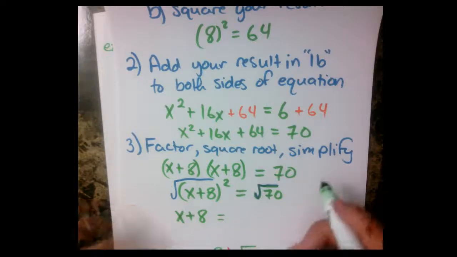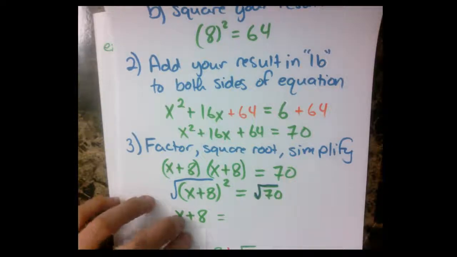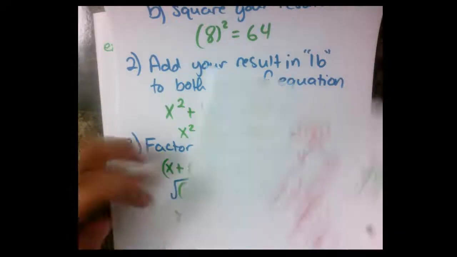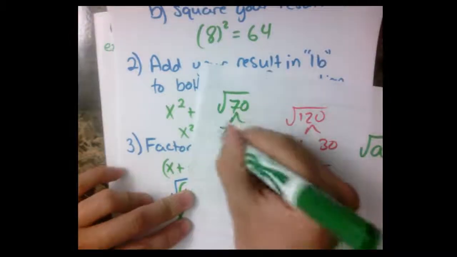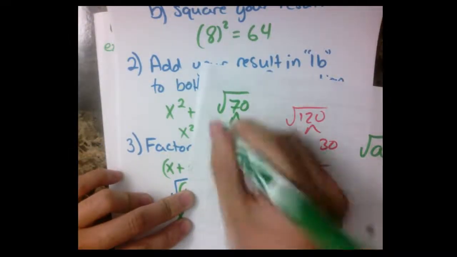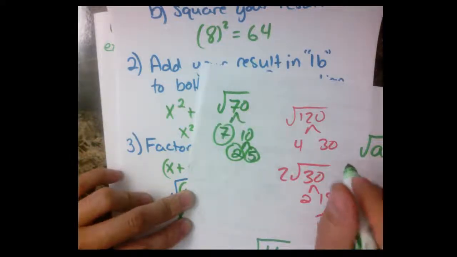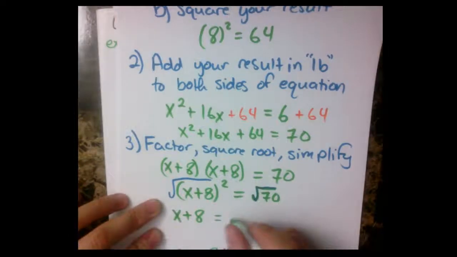If you break down 70, let me grab another sheet of paper and show you guys this. If we try to break down 70, nothing's going to happen. Square root of 70, two numbers that go into 70 are 7 and 10. 10 breaks down into 2 and 5. And you'll notice that I don't have any pairs whatsoever, which means that I can't simplify the square root of 70. In this case, I'm just going to leave it as square root of 70. But remember, you have a plus or minus.